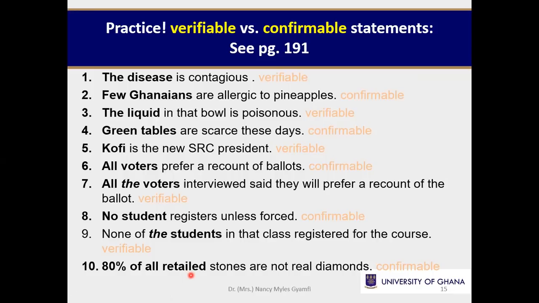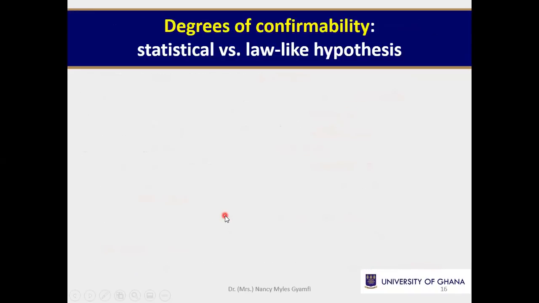Just that I want 2% of that infinite set, whatever the infinite set is, already not specified. That's why this is a generalization. So the 2%, how do we quantify that? It is still a generalization, a statistical one. So we will say that one is also confirmable. Good job.